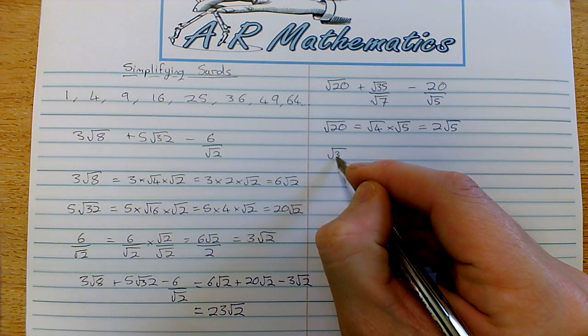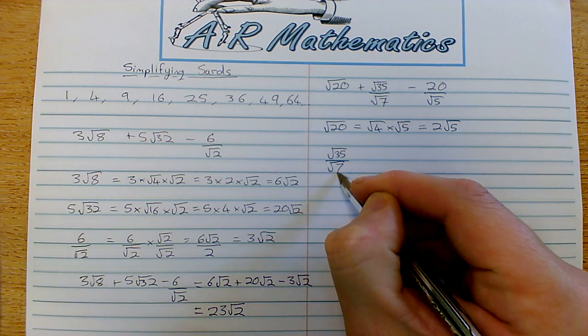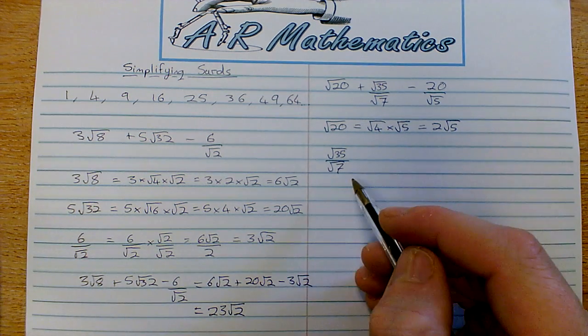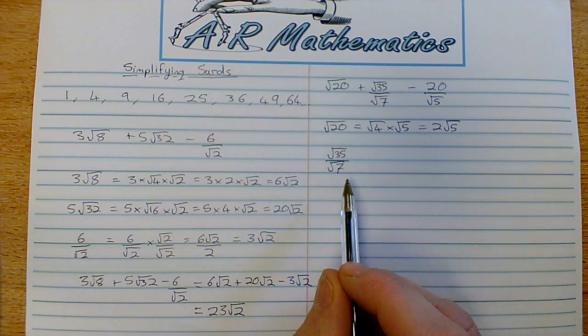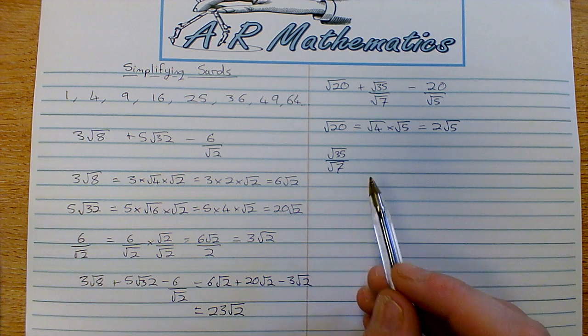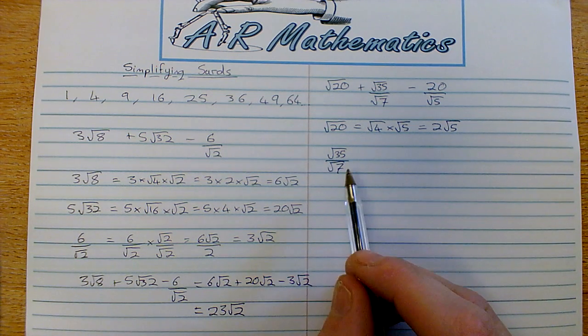Okay, root 35 over root 7. Now the temptation on this is to treat it the same as the 6 over root 2, because you have a single square root on the bottom. However, if you do this, it will still work, but you're making life a little more complicated than you need to for yourself.